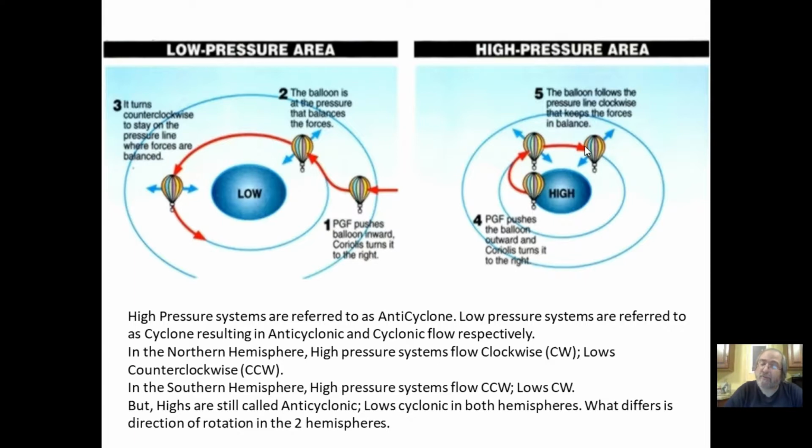The geostrophic flow is what balances the pressure gradient, only the pressure gradient determined by sea level height, and the Coriolis effect. So the balloon follows, just like over here, the balloon follows the clockwise path that keeps the forces in balance.